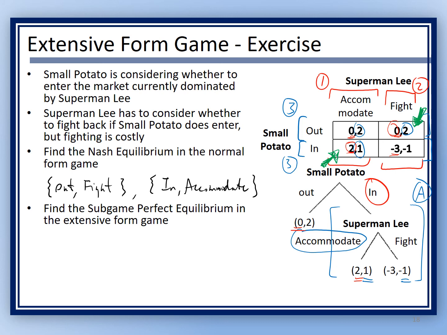But in the subgame perfect equilibrium, Superman Lee's action depends on what Small Potato does. If Small Potato decides to come in, then Superman Lee is certainly going to accommodate. But if Small Potato decides to stay out, then it could be anything, so we don't know what it is.